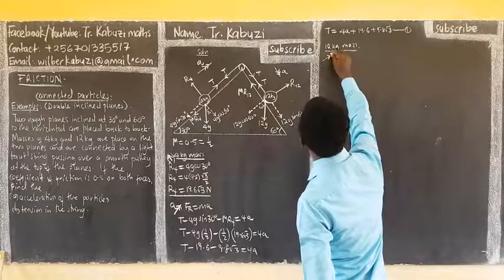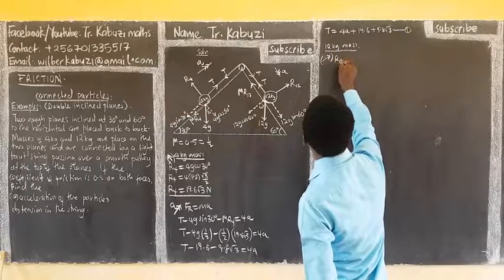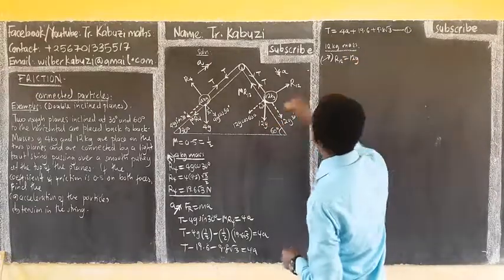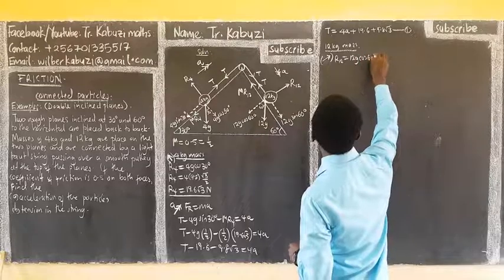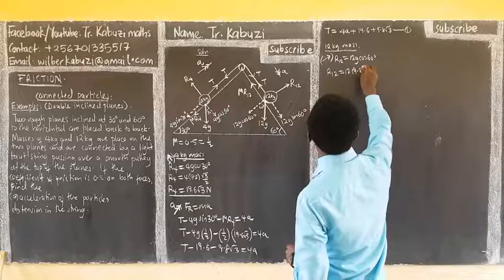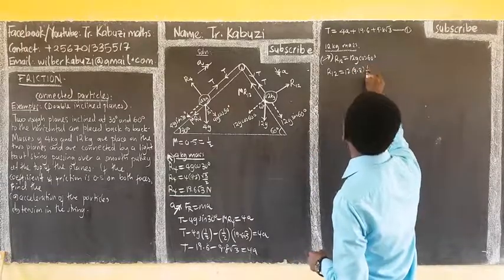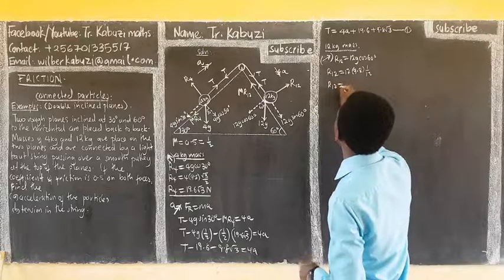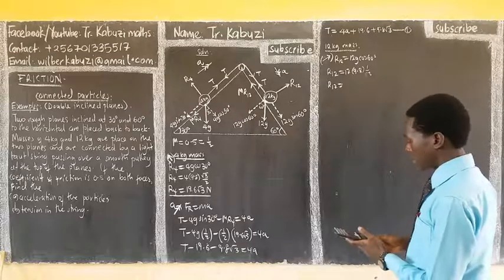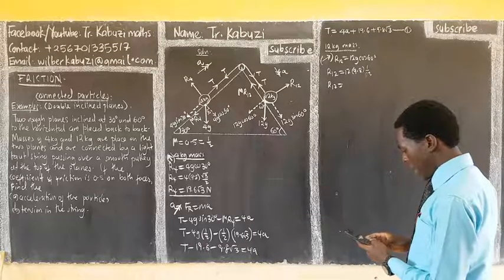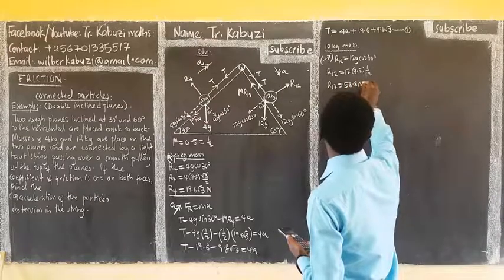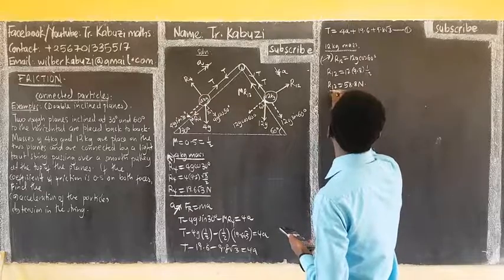In that direction, our R12 is going to be equal to 12g cos 60 degrees, which is 12 into 9.8 into a half, because cos 60 is a half. So I have 6 times 9.8, which gives me 58.8, and these are newtons.